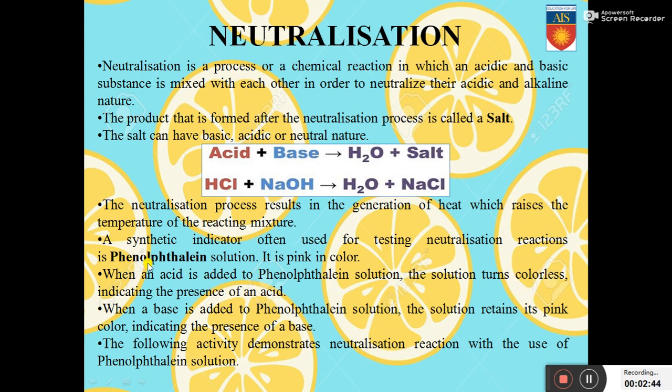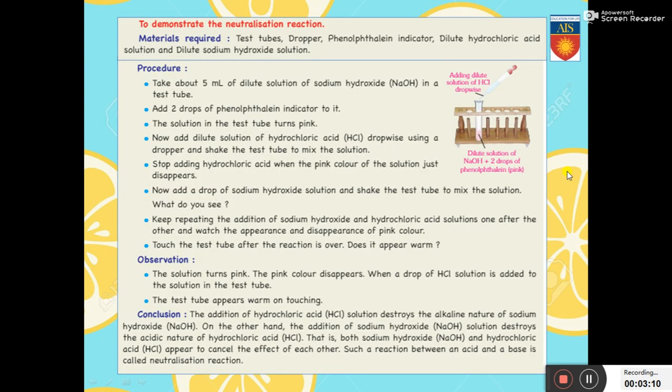So, we know that when phenolphthalein is added to acid or acid is added to phenolphthalein, the solution turns colorless. But when a base is added to phenolphthalein, the solution retains its pink color, indicating the presence of a base. So, we have learned in the previous video that phenolphthalein is colorless in acidic solution and pink in basic solution. The following activity demonstrates neutralization reaction with the use of phenolphthalein solution.